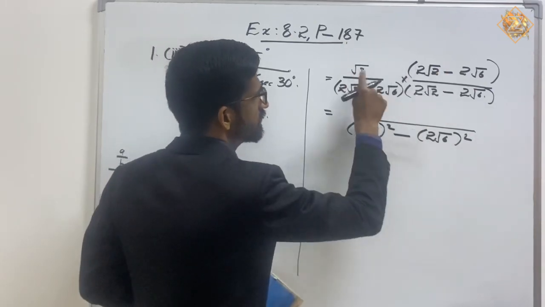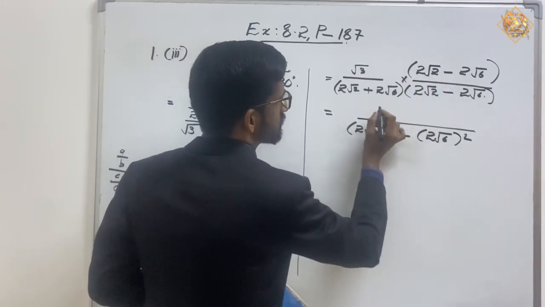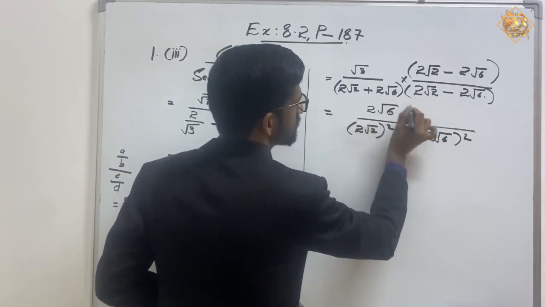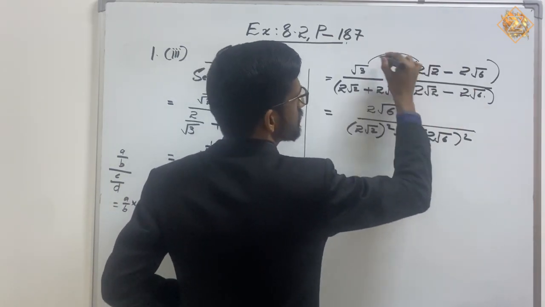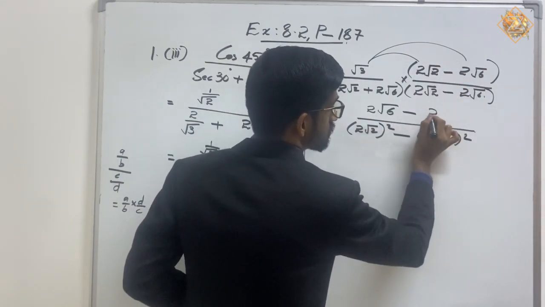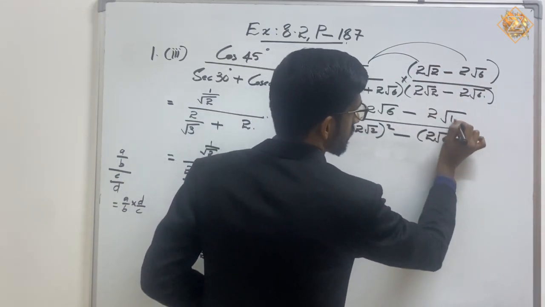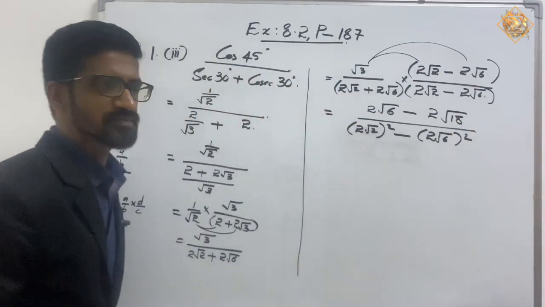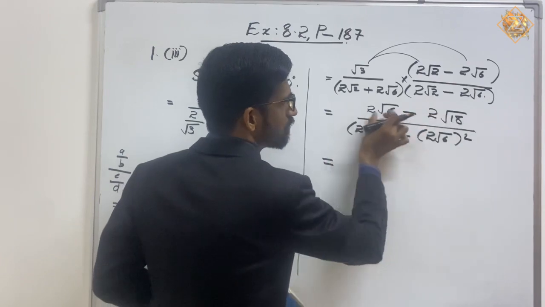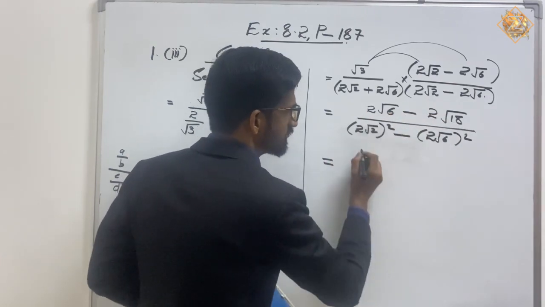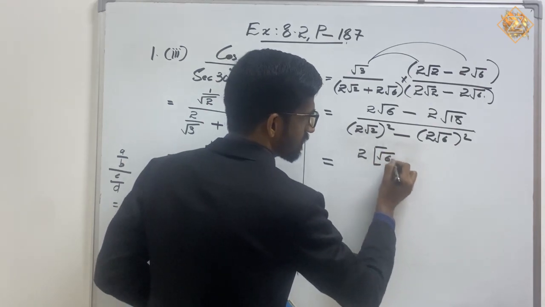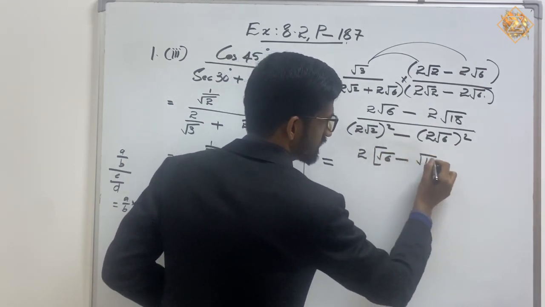Now multiplying here, root 3 into 2 root 2, that is 2 root 6, minus, open the bracket, just to multiply, root 3 into 2 root 6, that is 2 root 18. That is equal to, here we can bring 2, both the values have 2, that 2 we can take outside, into root 6 minus root 18.